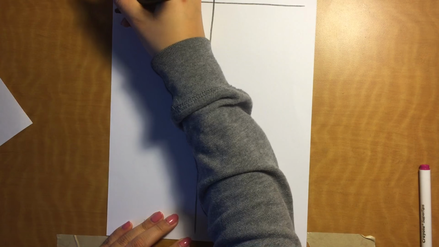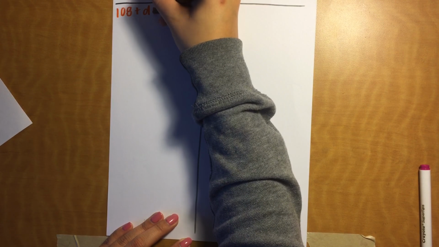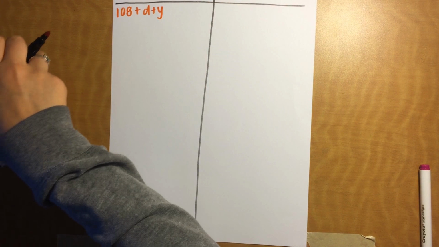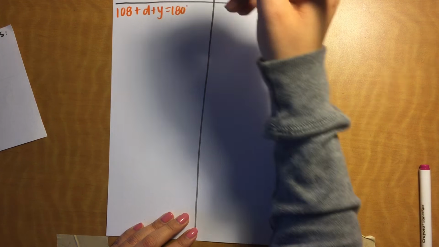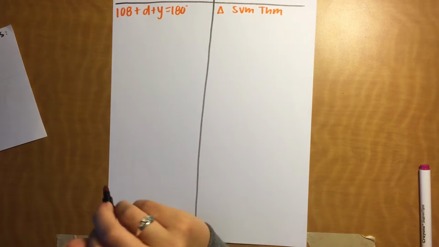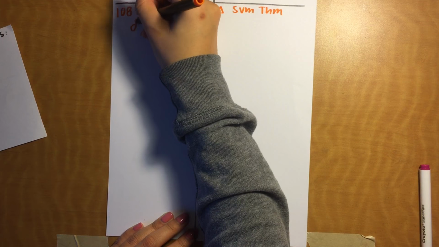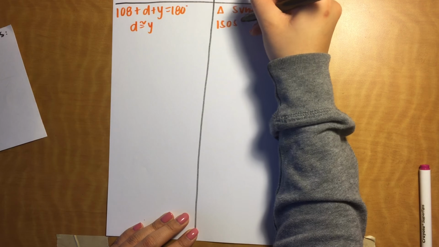We're going to do 108 plus D plus Y, because that's the other angle, is 180 degrees, which is the triangle sum theorem. And then we know that D is congruent to Y because it's an isosceles triangle.